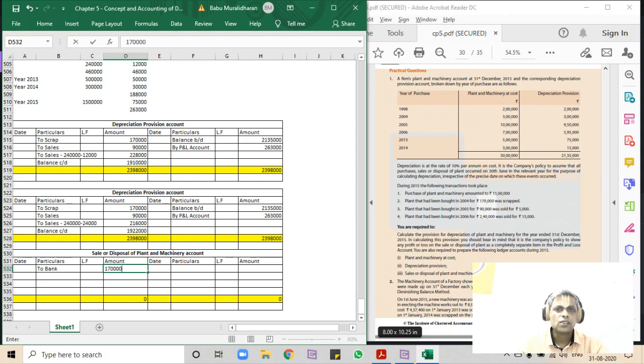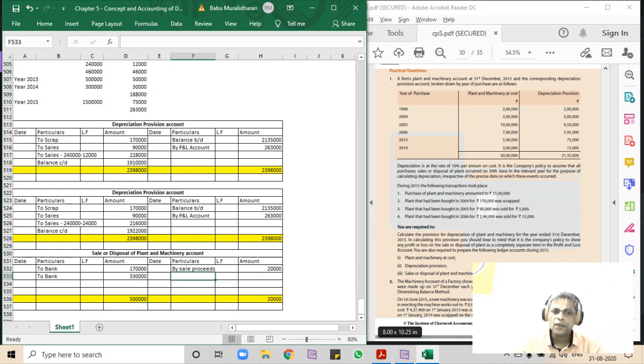1,70,000 is towards the scrap sales, and then to bank, and this is the normal asset that was sold, which is 3,30,000. That is 90,000 plus 2,40,000. Total sales at cost is 5 lakhs, and then by sale proceeds, it has been sold for 20,000, like 5,000 plus 15,000.